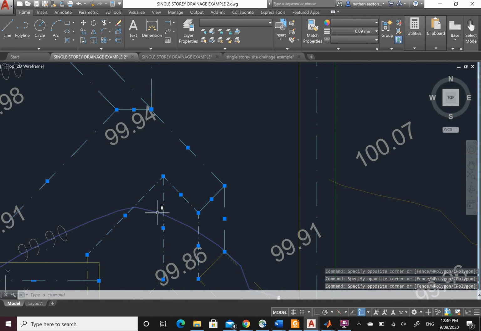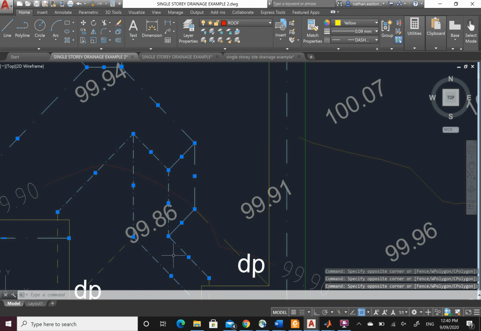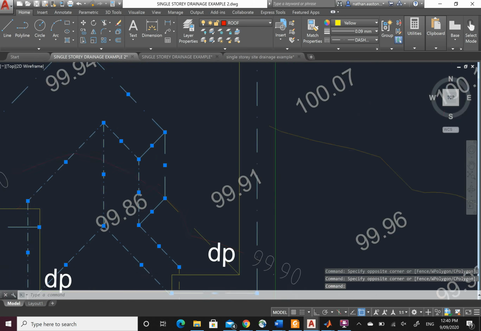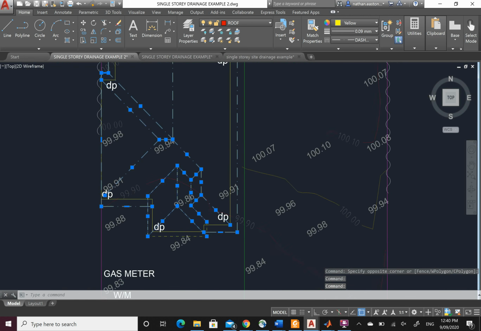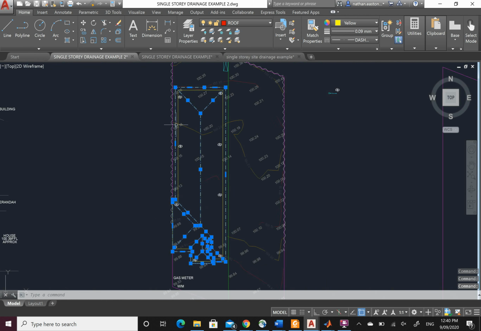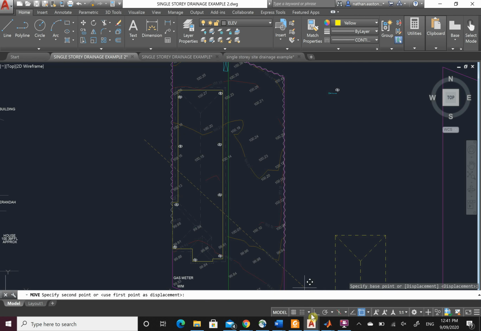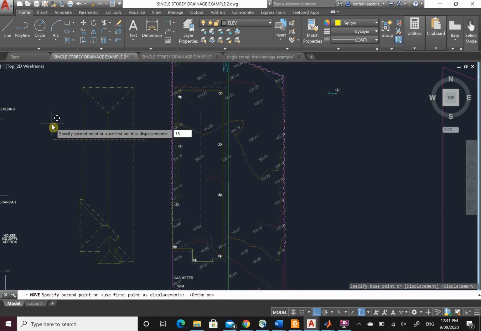So we're just going to move it out of the way for now to stop confusion, and we'll put it back after. So moving the entire roof again. Let's just sit it over here somewhere. Ortho on. Let's move it by 15,000.